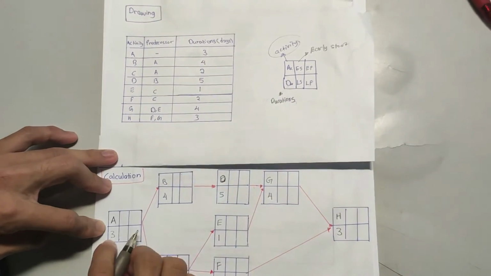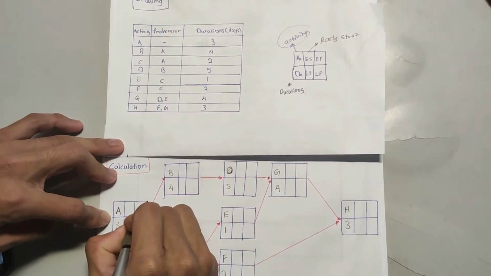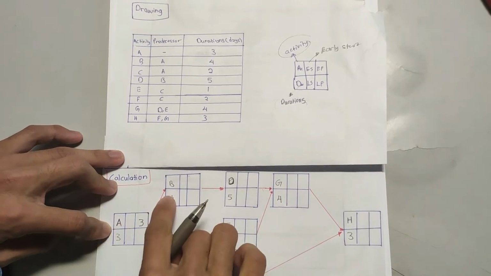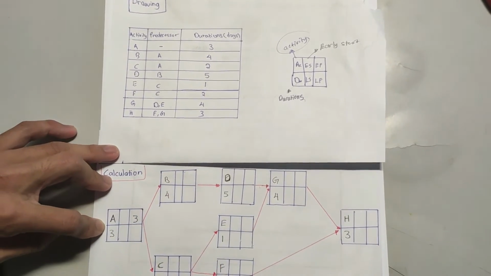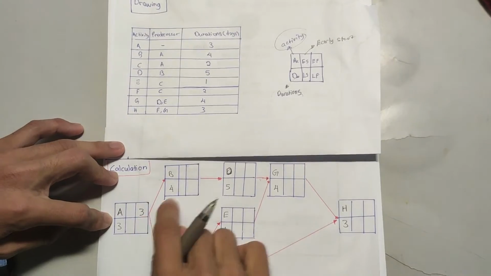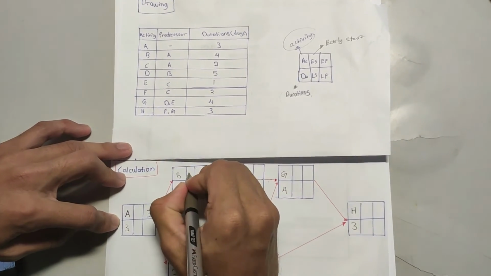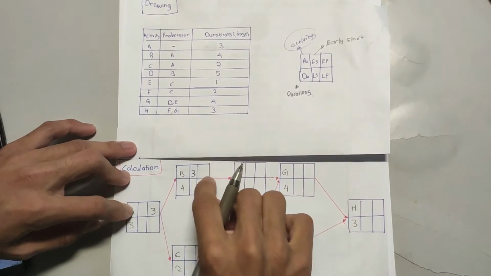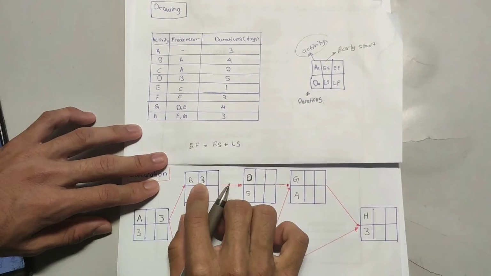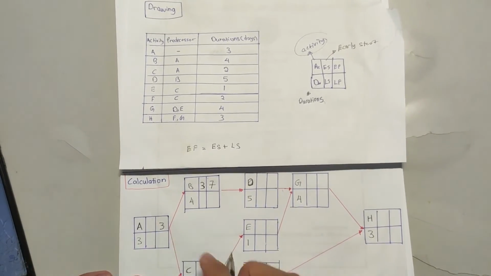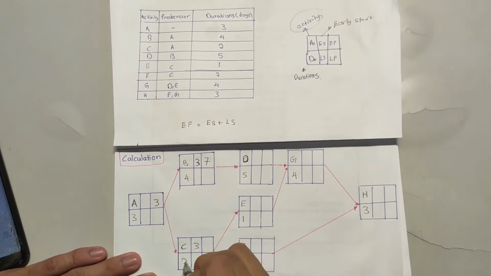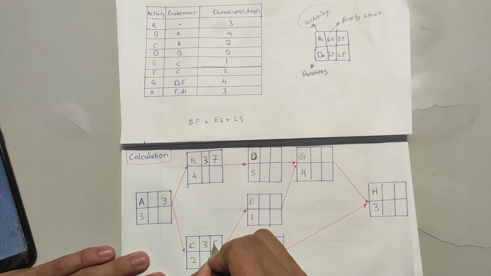For A the duration is 3, and we put ES as 0, and from A we can find B and C. They start from early start 3, and early finish 4 plus 3 is 7, and then 3 plus 2 is 5.